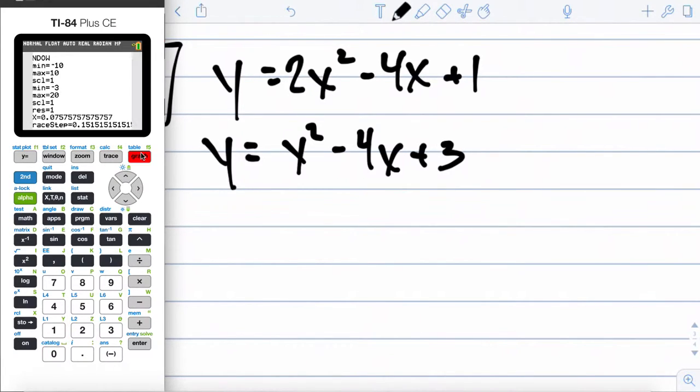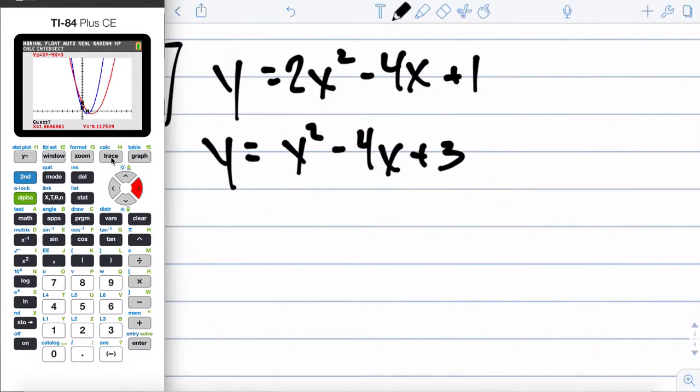Let's look at it now. Oh yeah, it definitely crosses here and here. So 2 intersection points.